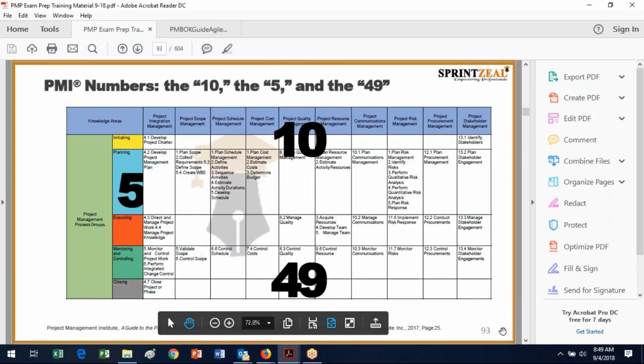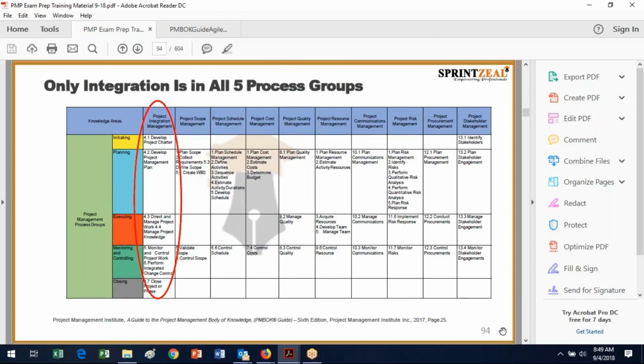Okay, so again, we talked about the 5 and the 10 and the 49, and each different knowledge area. So integration crosses all of the 5 process groups, because obviously integration is bringing everything all together.